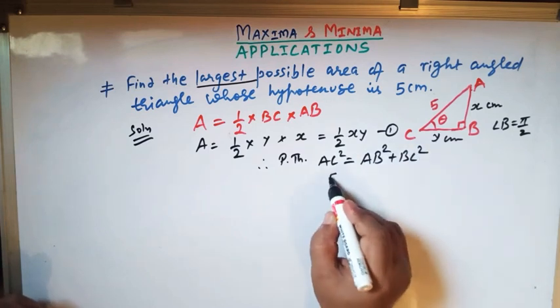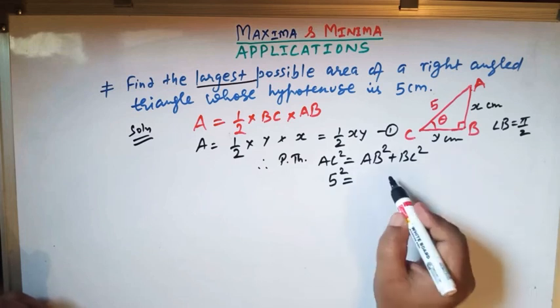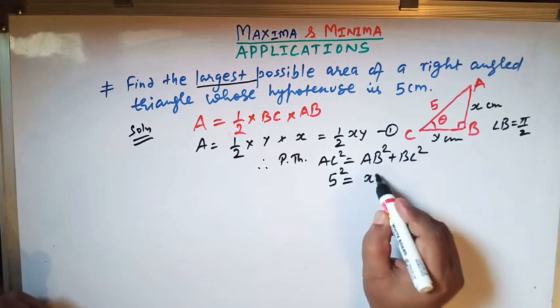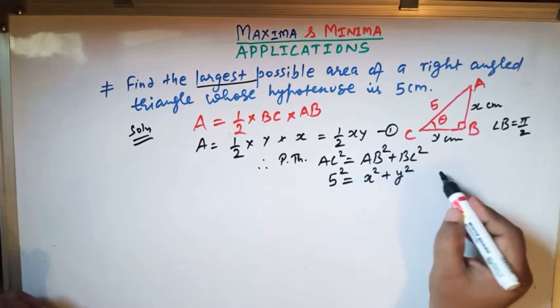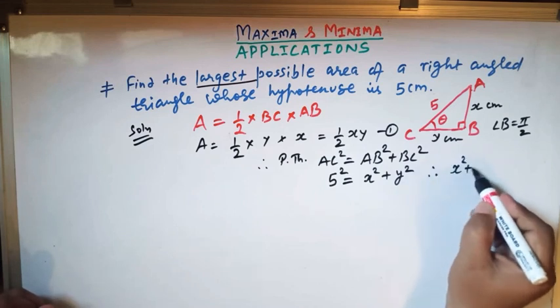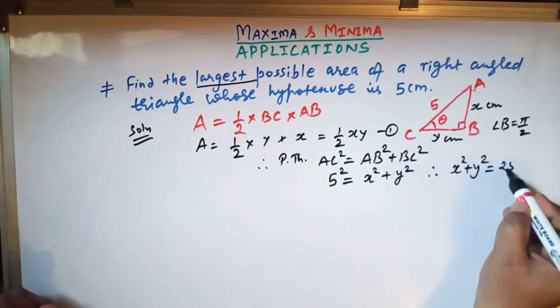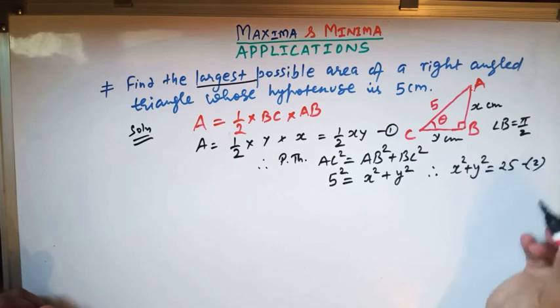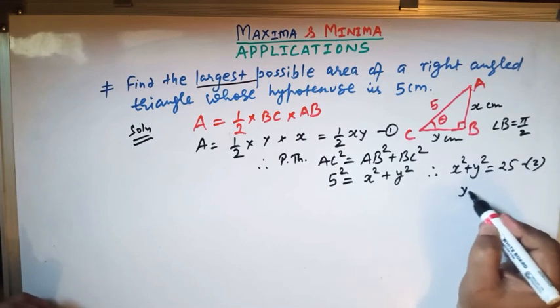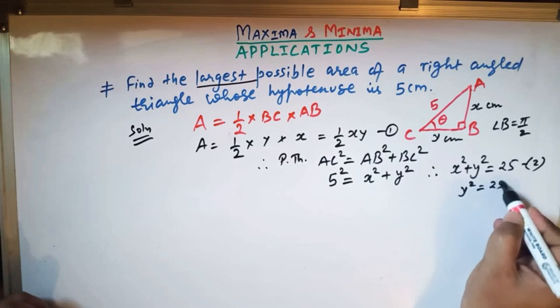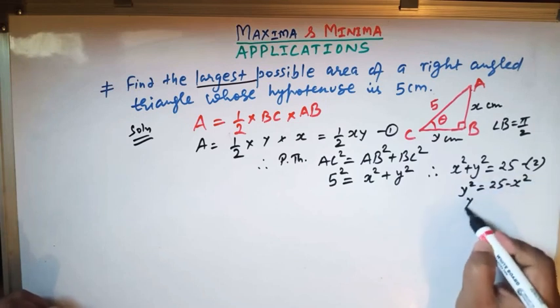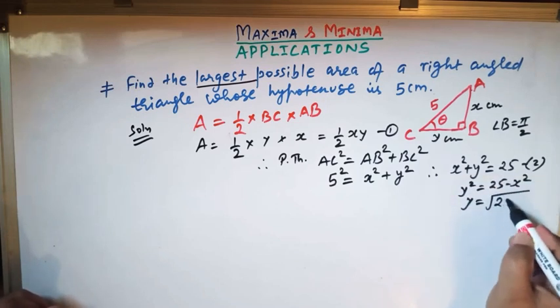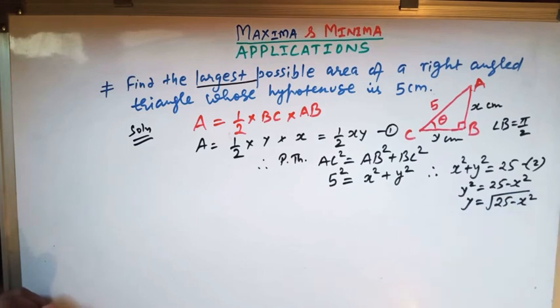So AC square is 5 square, AB square is x square, and BC is y square. So therefore x square plus y square is equal to 25. This is equation number 2. From here we can write y square is equal to 25 minus x square, or y can be written as square root of 25 minus x square. Say this is equation number 3.